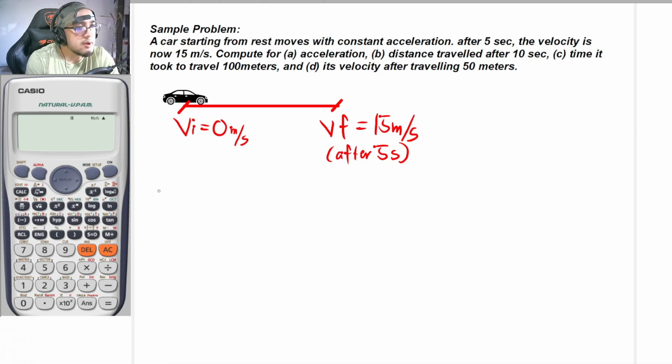We can say that the final velocity is equal to the initial velocity plus the acceleration, or the rate of change, times time.